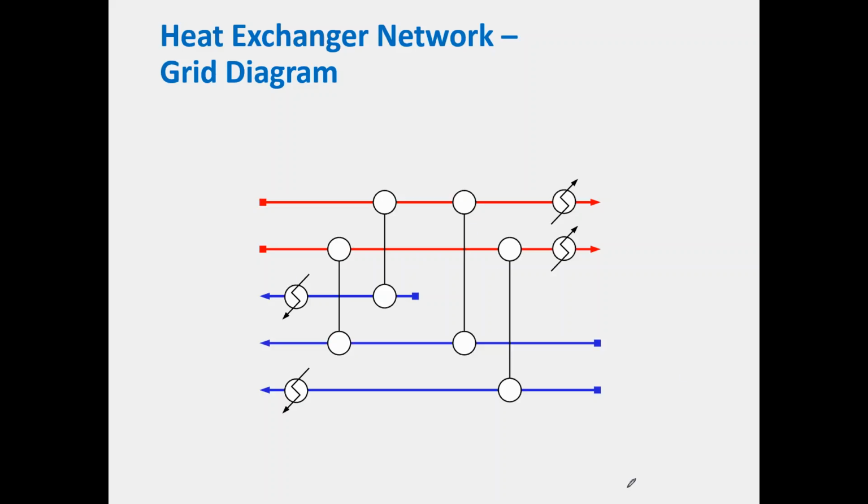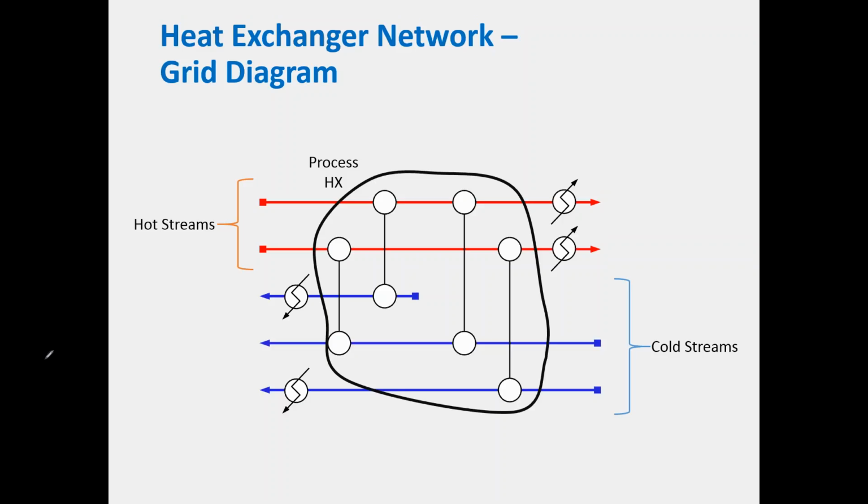and then you have your cold streams on the bottom. And then what you do is you indicate your process to process heat exchangers with this coupling here. So this is one heat exchanger, which is with this top hot stream and this cold stream here.